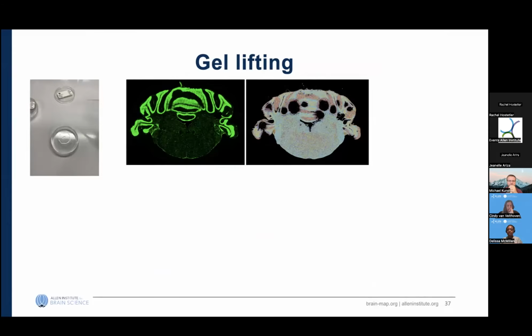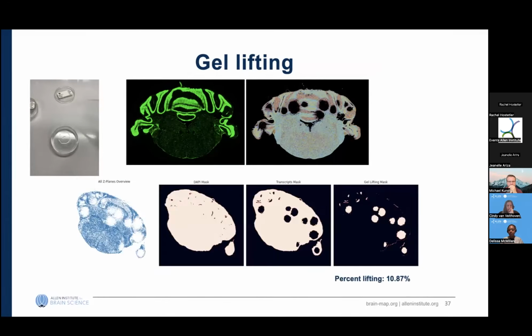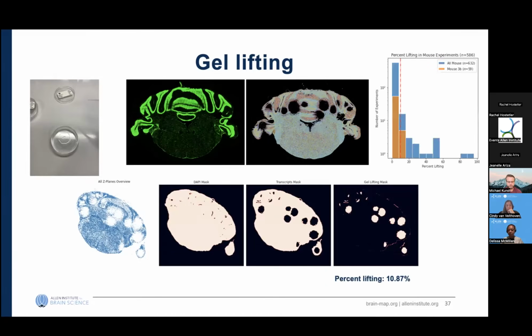One of the ways you can detect this, when you look at the DAPI staining, you'll see the blurry regions. So a metric came up in order to detect basically what percentage of gel lifting. And as the percentage goes up, it informs later on down the pipeline if this section is usable for further analysis.